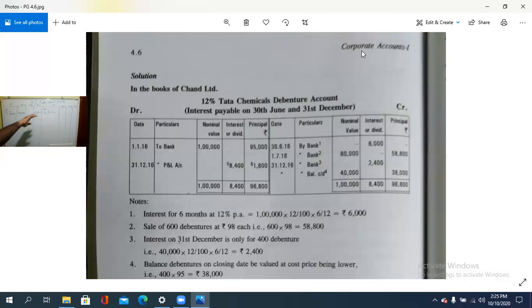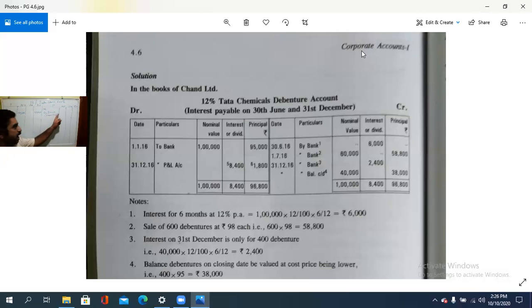So by bank account debit to interest, or what is that? Interest payable on this debenture account, on 30th June and 31st December. See the screen. How is it to be calculated? How much is the value? 1 lakh nominal value into 12% into 6/12, because it is half yearly.